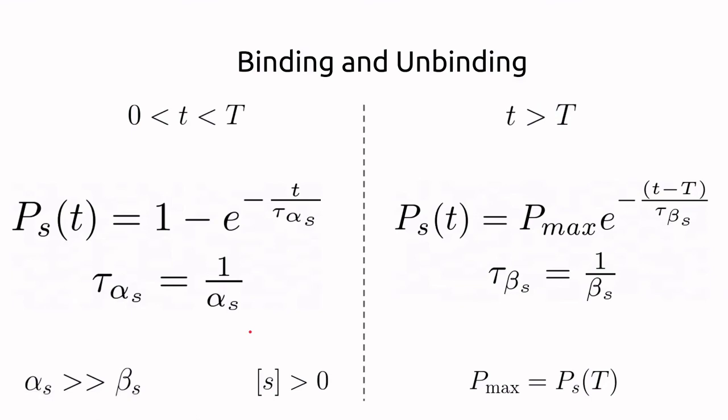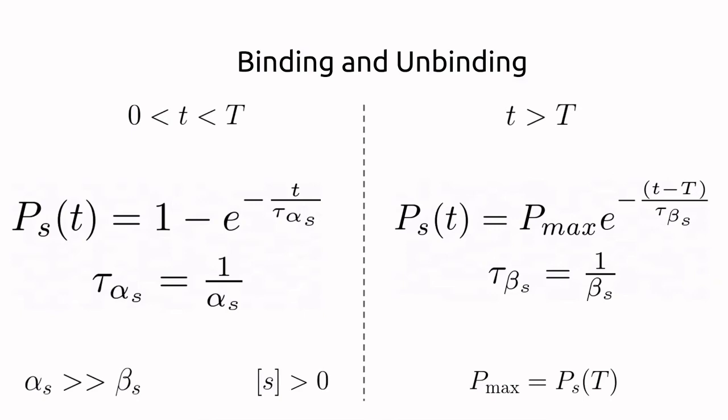And then after the binding, the unbinding begins. And we see that activity decays away from the maximum value that was attained in the previous time window. So whatever the state activity value was at t equals capital T, it starts there and then decays away exponentially, controlled by a time constant tau beta s, which is just 1 over beta s, which again is a constant, and this one is large.